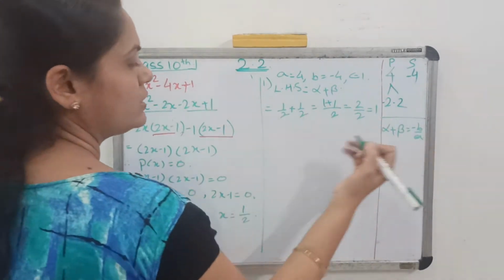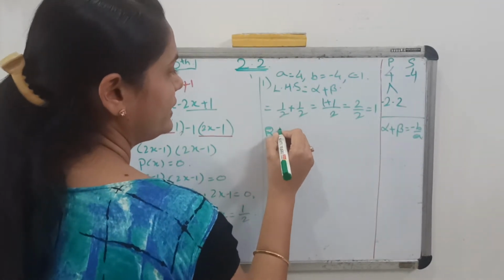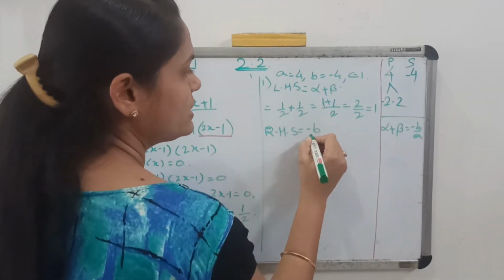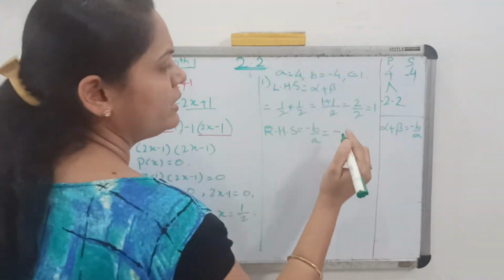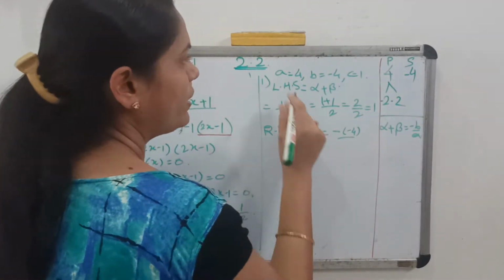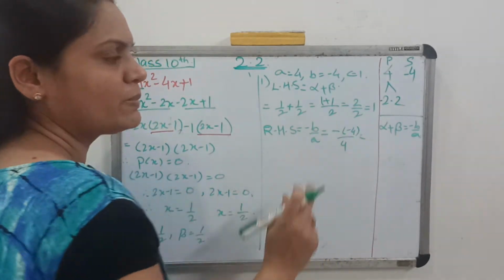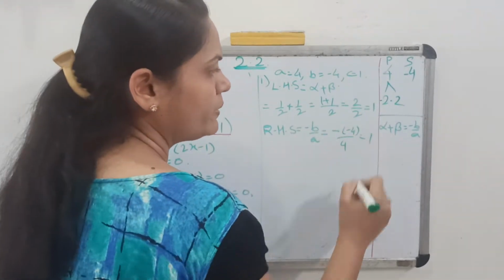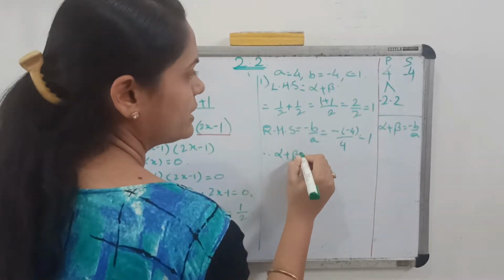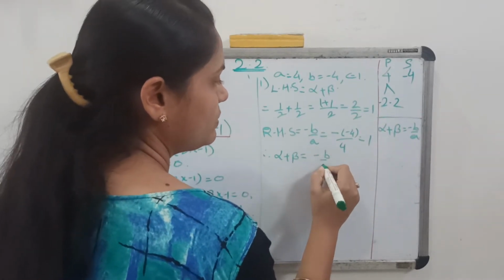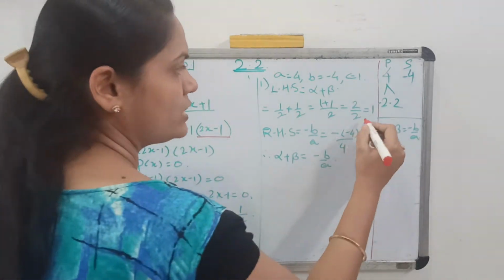Okay. Right hand side is equals to minus B upon A. I wrote first minus, then B. It's minus 4 upon A, which is 4. Minus minus plus 4 upon 4, 1. Therefore, from 1 and 2, I can write alpha plus beta is equals to minus B upon A. Here you can check 1, here also 1.